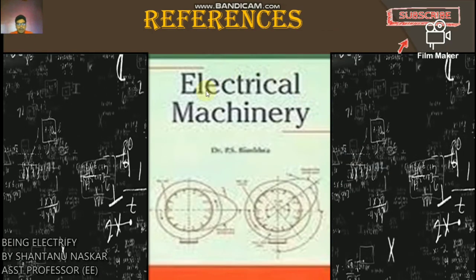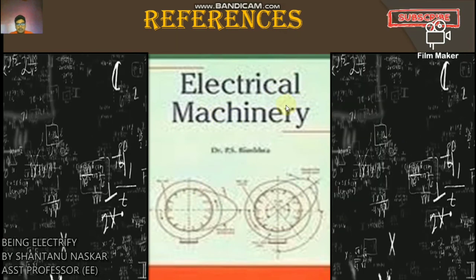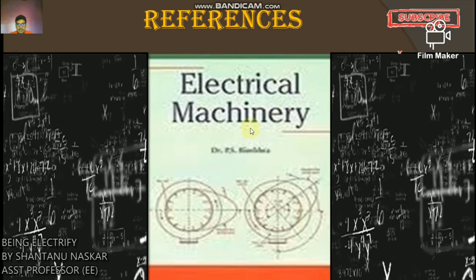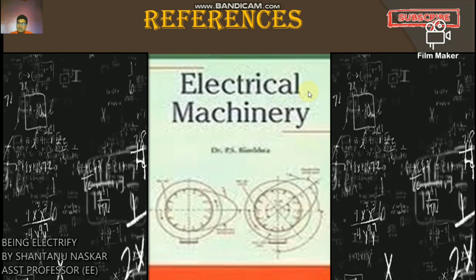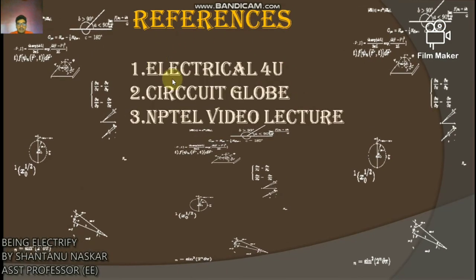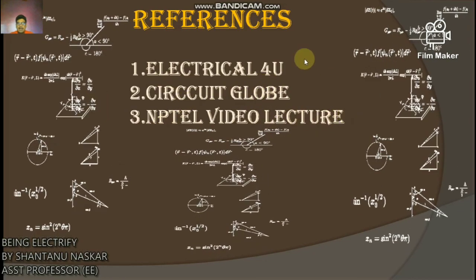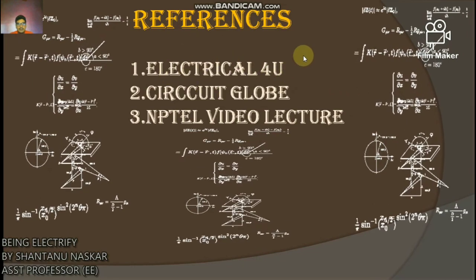And the most important and best book for electrical engineers as well as diploma and B.Tech students is Electrical Machinery by Dr. P.S. Bimbhra. According to me, this is the best book in the market. Some reference sites are Electrical4U, Circuit Globe, and NPTEL video lectures. You can also go through my lecture. This is your choice.